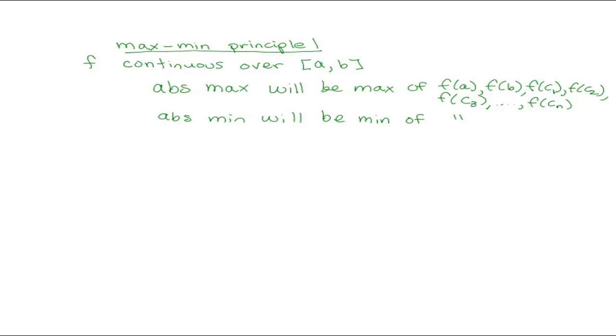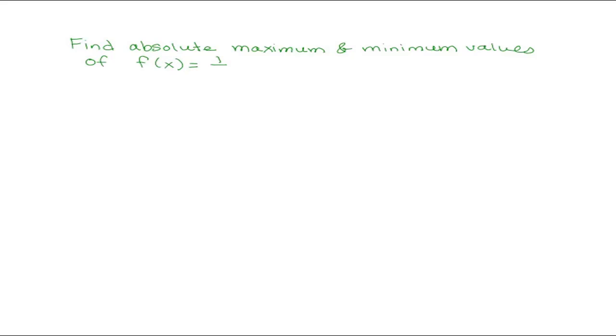Let's find the absolute or global maximum and minimum values of the function f of x equals 1/3 x cubed minus 1/2 x squared minus 2x plus 1/3.